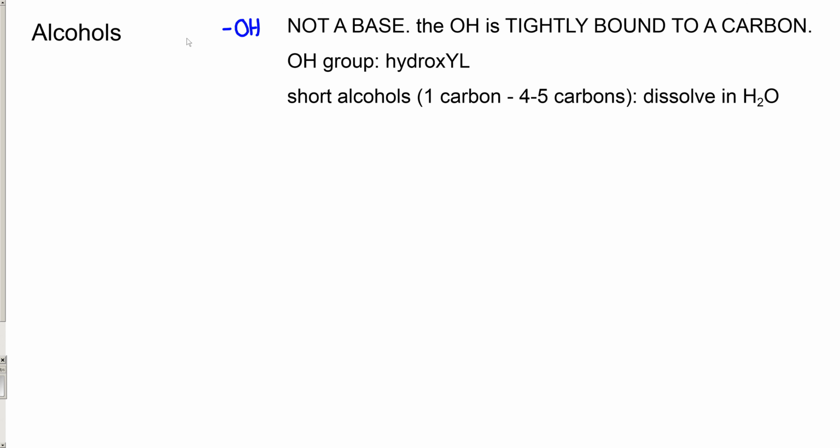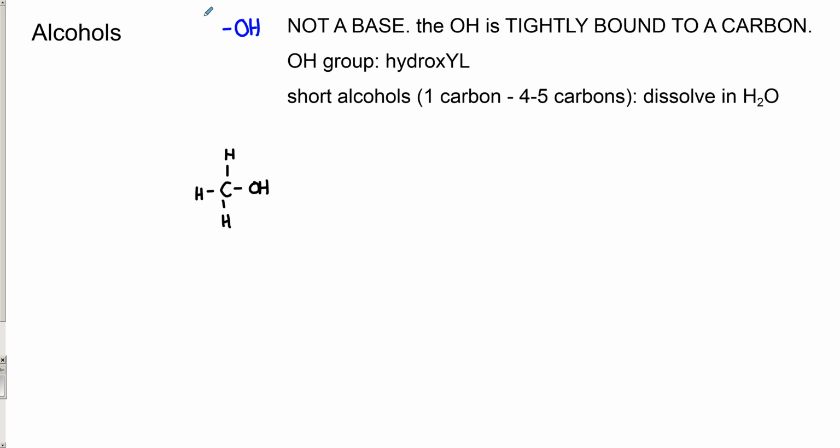So let's take a look at some of our basic alcohols. We'll start out with the most simple one, and that's simply just a single carbon atom with the hydroxyl group attached, and then in the rest of the bonding spaces we put hydrogens.